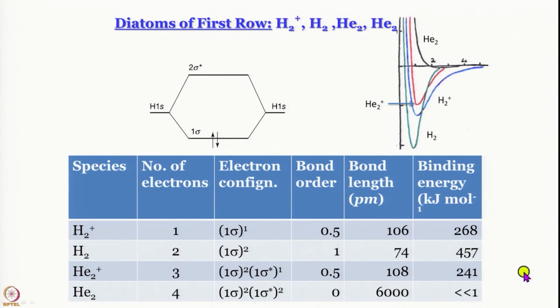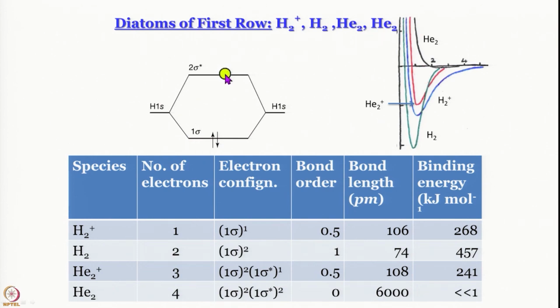Of course, both of them are more unstable than H2, that is a best case scenario, but the point is that He2 plus and H2 plus both have the same bond order, but energies are not the same. H2 plus actually has a little more stability than He2 plus. Why? Because in H2 plus you just have 1 electron in the bonding orbital. In He2 plus you have 2 electrons here and 1 electron here.